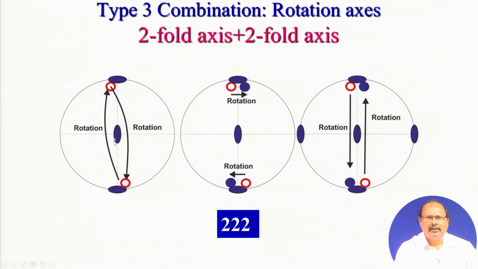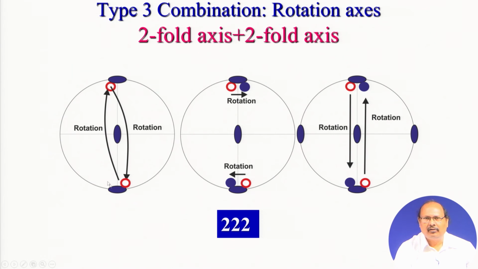Now, if this is a horizontal two-fold axis, what will happen? This will be rotated 180 degrees, so it will come to a plane below the plane of the drawing. It will be repeated with respect to this horizontal two-fold axis rotation. It will produce a dot or closed circle here, and these two can be related to each other by the presence of another two-fold axis of symmetry.